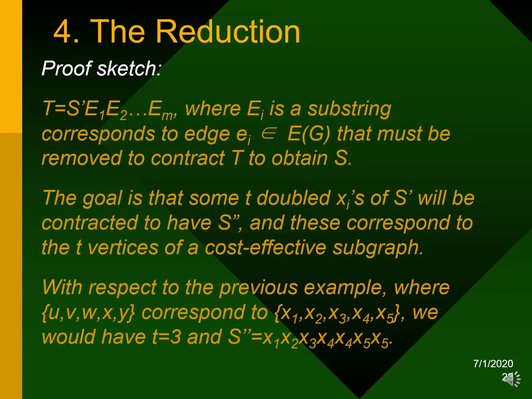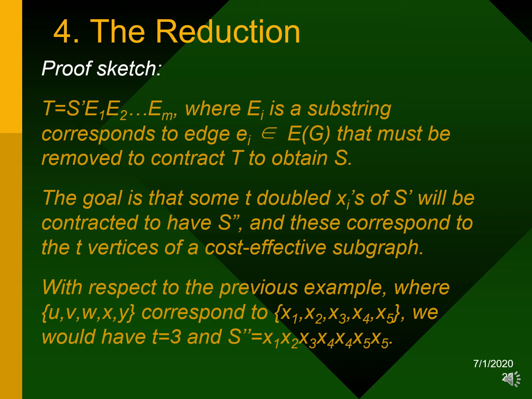With respect to the previous example, suppose we want to construct T doubled Xi's, and this corresponds to the T vertices of the corresponding C cost-effective subgraph.